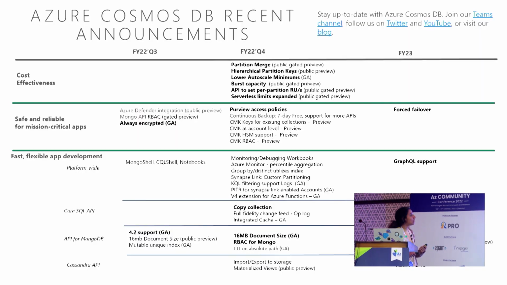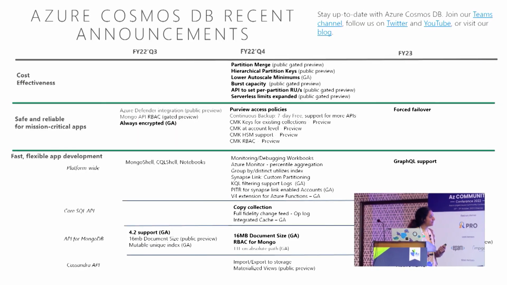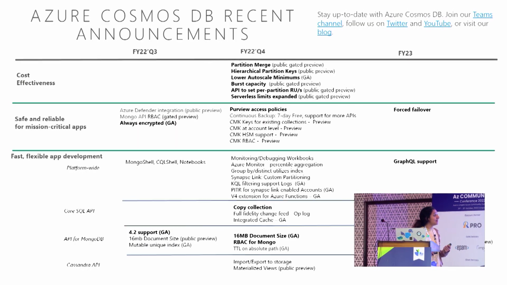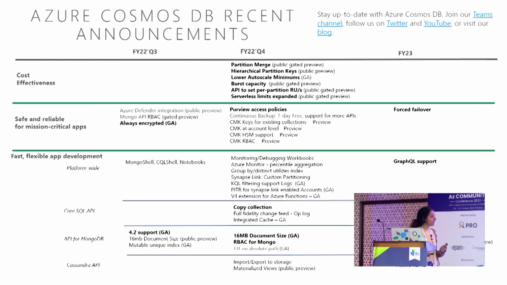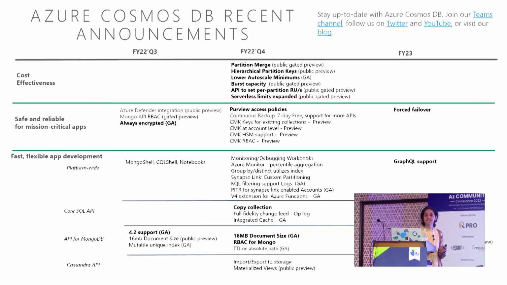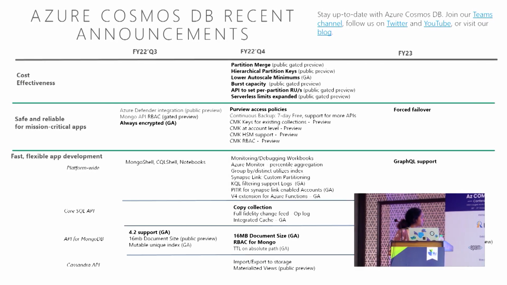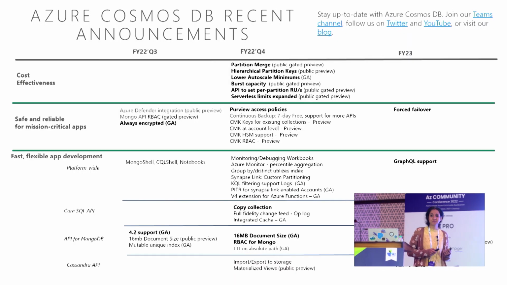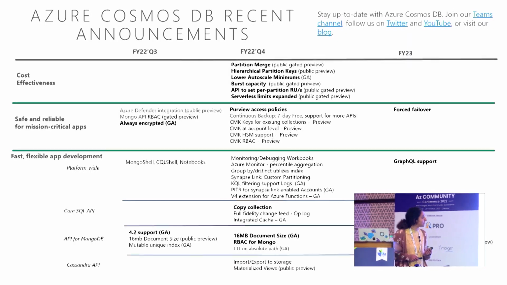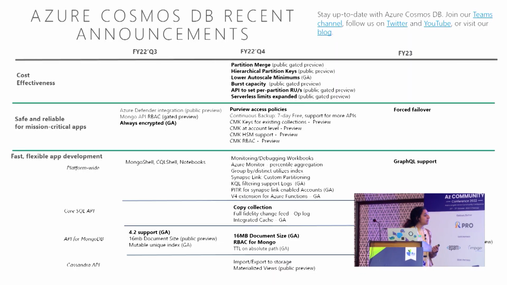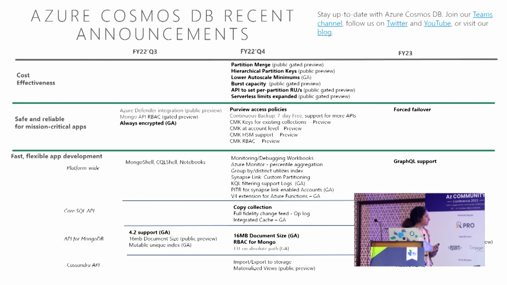And there are a lot of technical features, as I said: burst, adaptive, partition merge, hierarchical partition keys we didn't speak about today, true serverless limits increase. So all of those will help the cost effectiveness. Also, we want to ensure it's safe in terms of security for mission critical applications. So there are a bunch of security components we will talk about in the afternoon session.